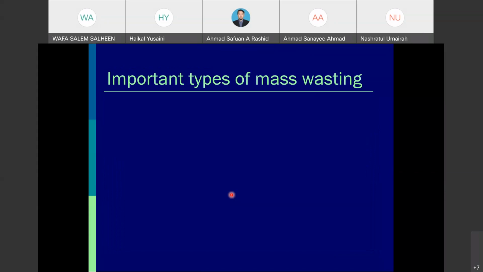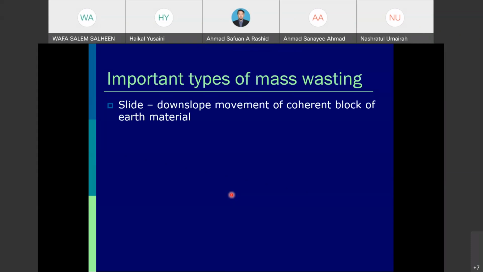Mass wasting is the movement of the soil, so they use the term mass wasting. The slide type is the downward movement of a coherent block of earth material.